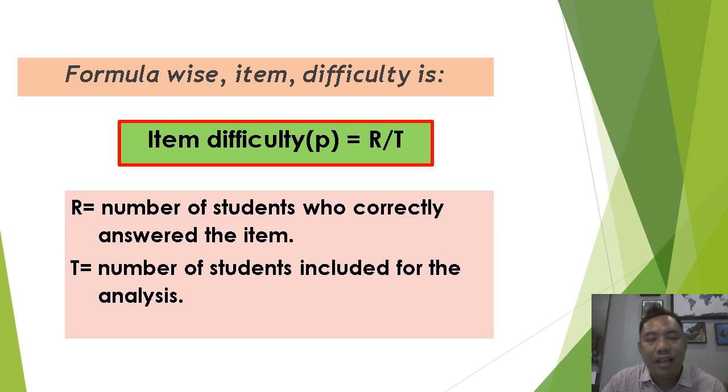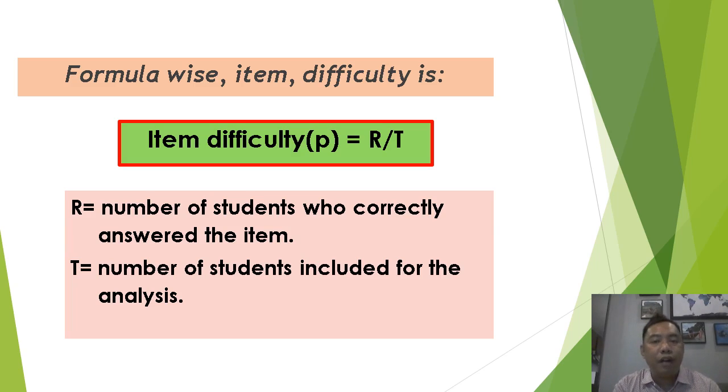Let me give you an example. For example, let R equal 14 and letter T be 30 students. When you substitute into the given formula, you have 14 students who got the correct answer for a certain test item, divided by 30 students, which is the total number of students who answered the test item.